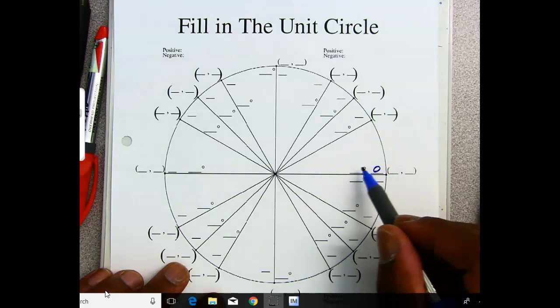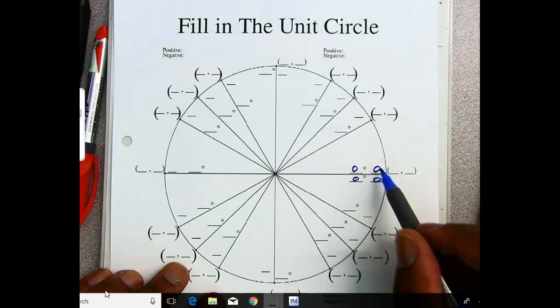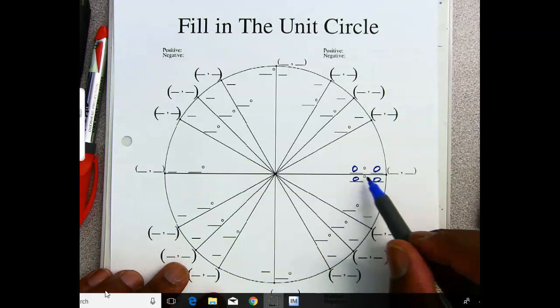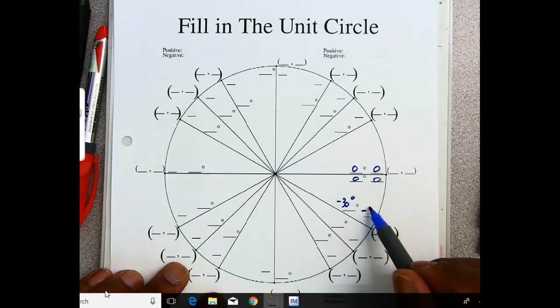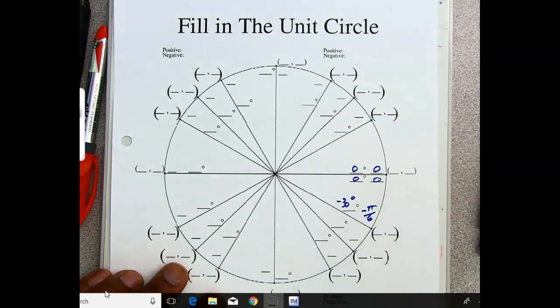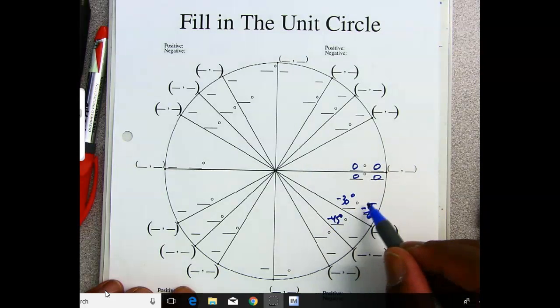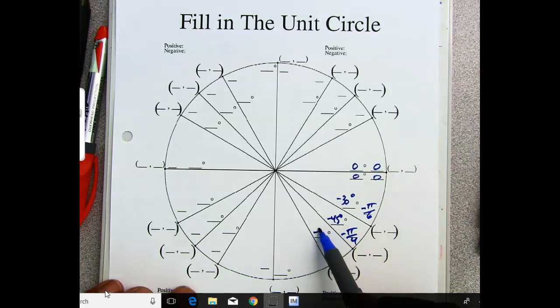Okay, so 0, 0. Actually, I'm sorry, 0, 0 there. Negative 30 degrees, and this would be negative pi over 6. Negative 45 degrees, negative pi over 4. Negative 60 degrees, negative pi over 3.